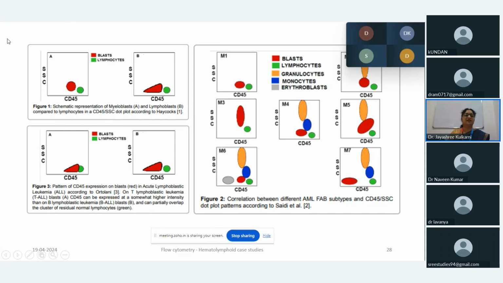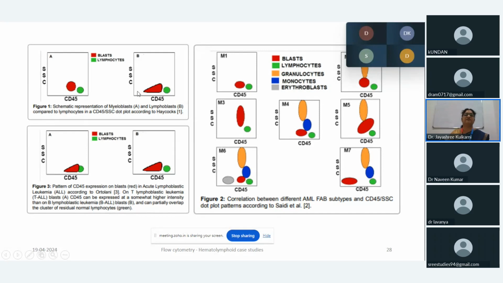Now, if you see in this one, this is your lymphocytes. These are your blasts. Blasts have to be dimmer than the lymphocytes. Okay. This happens typically in myeloid blasts. They are dimmer than your lymphocytes, but a little higher on your side scatter. Whereas your lymphoblasts, they are dim to negative.